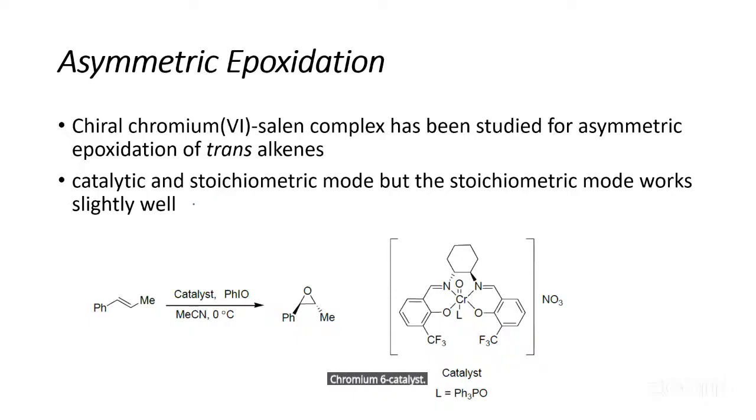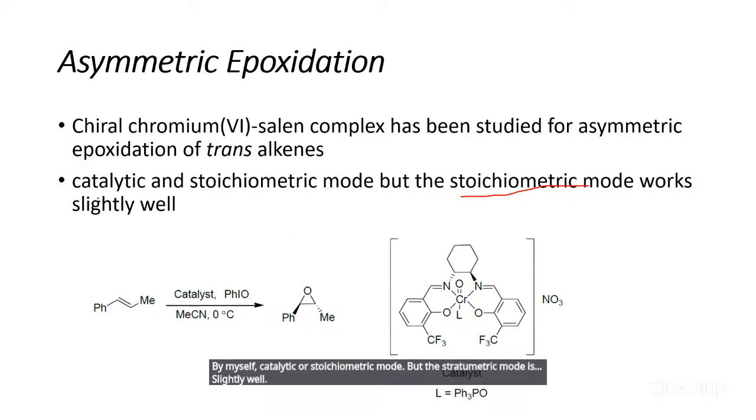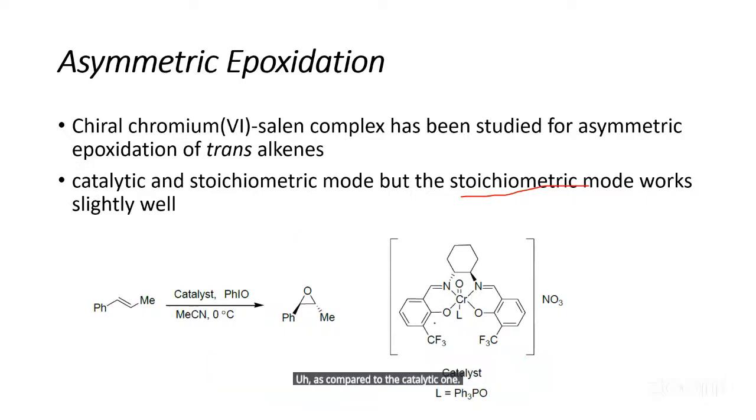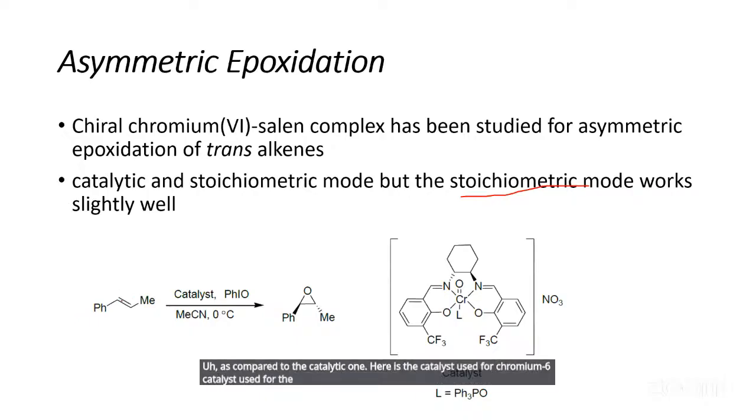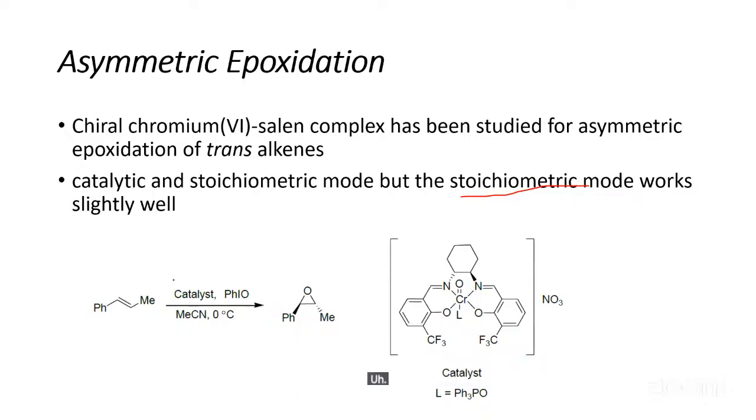These reactions take place by catalytic or stoichiometric mode, but the stoichiometric mode is slightly better as compared to the catalytic mode. This chromium 6 catalyst is used for the conversion of the trans alkene to an epoxide. This reaction is known as asymmetric epoxidation.